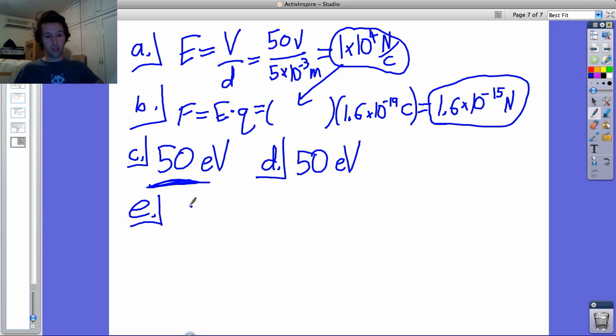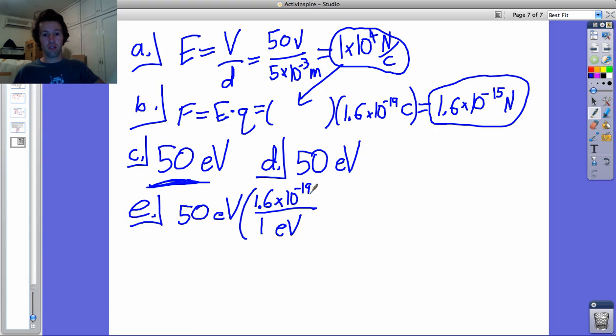And then part E is asking how fast is it going. Here you need to do a conversion. You want to take 50 electron volts and convert that into joules. 1 electron volt, as we said earlier in the video, is equal to 1.6 times 10 to the negative 19 joules. And that is going to give you a tiny amount of energy of 8 times 10 to the negative 18 joules.